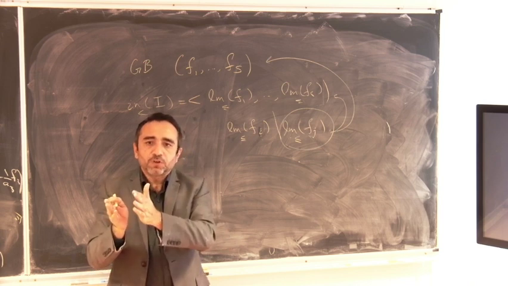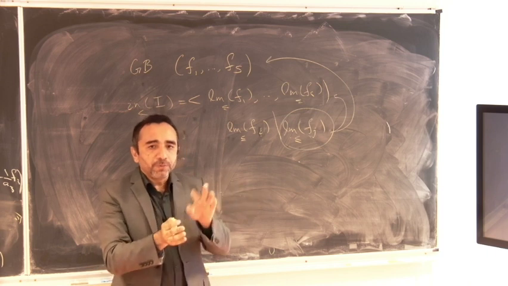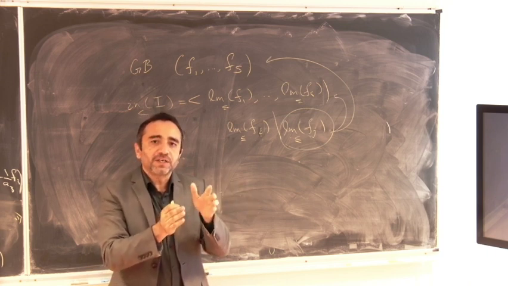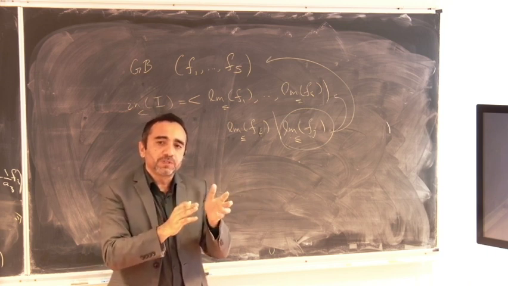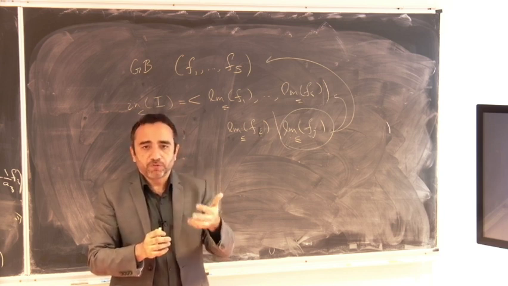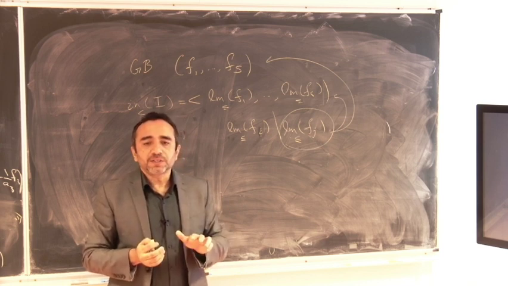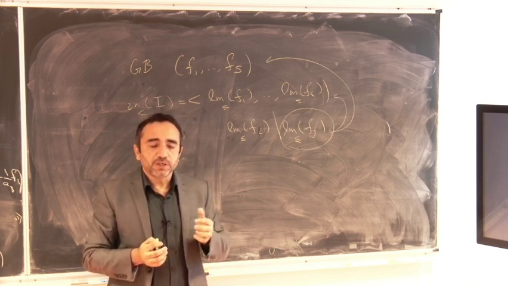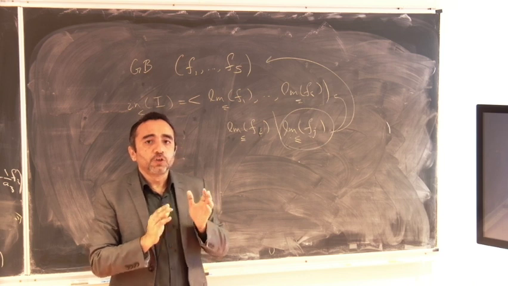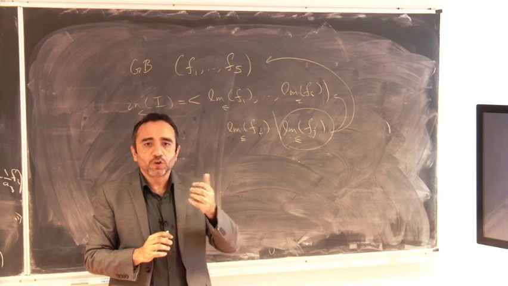So a Gröbner basis is not unique for any ideal, but two different minimal Gröbner bases contain the same number of elements. But what is unique? The unique part is that a Gröbner basis is unique if it is a reduced Gröbner basis. So what is next? Next is the definition of the reduced Gröbner basis.